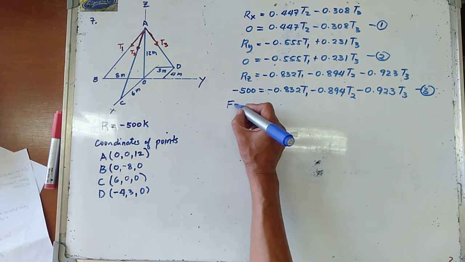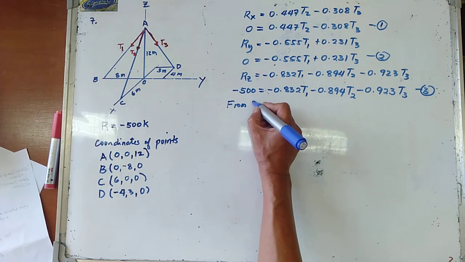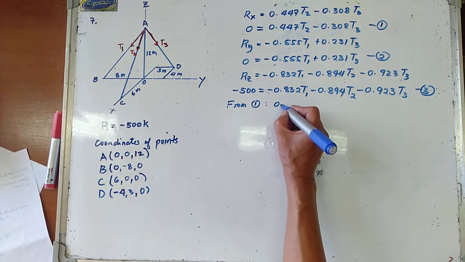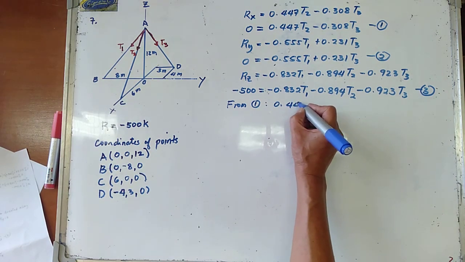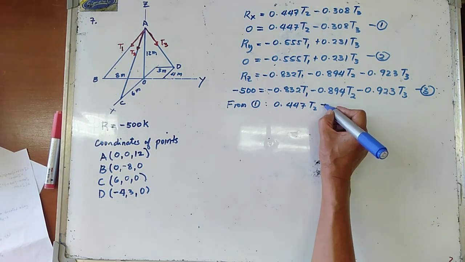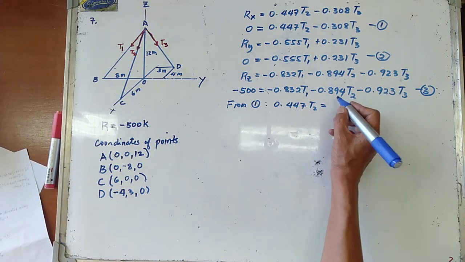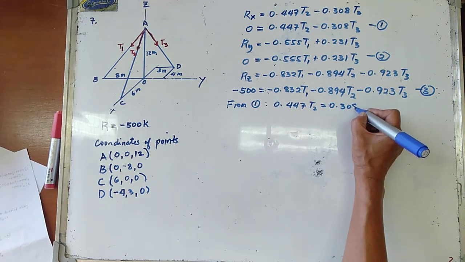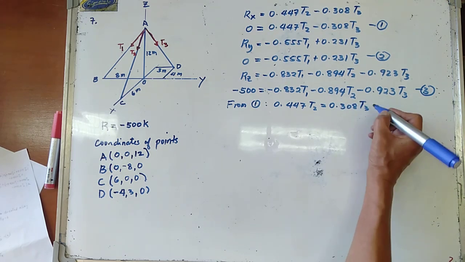Now, from equation 1, 0.447 T sub 2 is equal to 0.308 T sub 3.